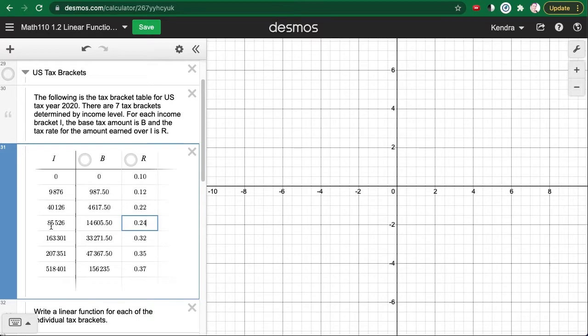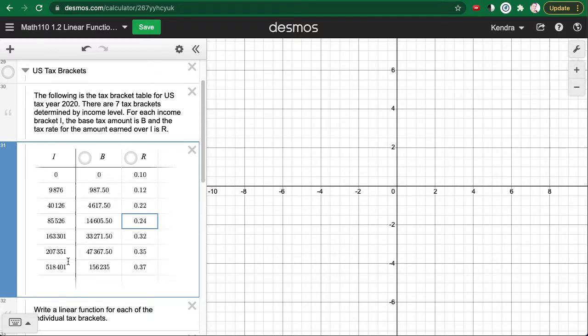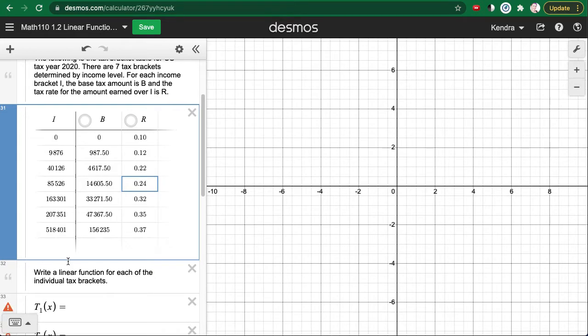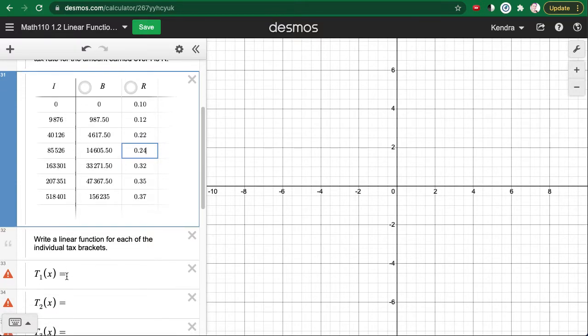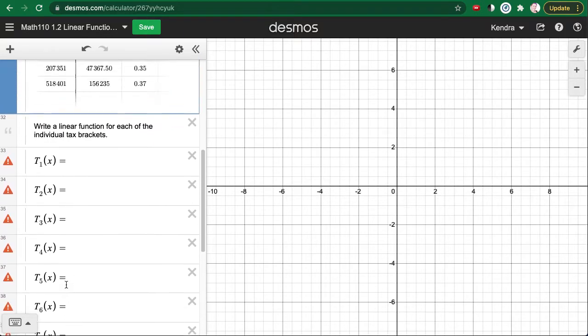So let's see. There are 7 income brackets, and so there should be 7 functions that we should write. So let's look at this one piece at a time. There should be 7 different linear functions here.